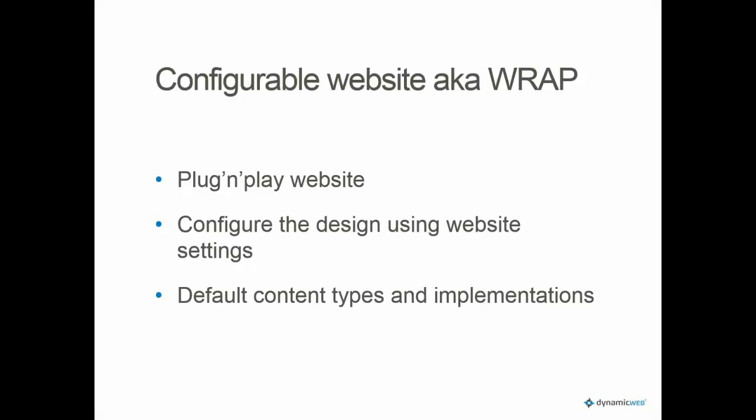First, I'm going to introduce you to the concept called Rep, for those of you who haven't seen it yet. This is what we call a configurable website, and it's a plug-and-play implementation of a Dynamicweb that contains a way to create content, regular content and pages and news, carousels, galleries.